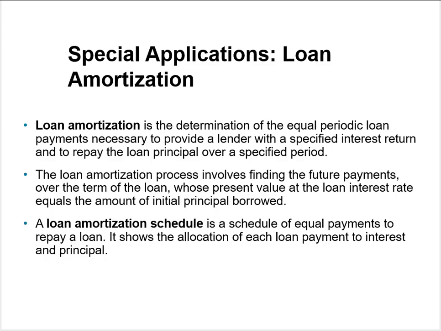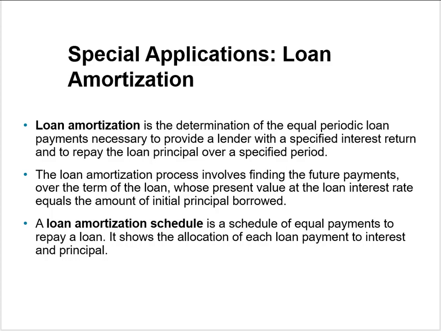Interest is only based on how much you owe. So as you pay off the loan, the interest that you owe each month is less, but the payment is the same. So what is happening is more money goes to the principal over time, less money goes to interest over time.